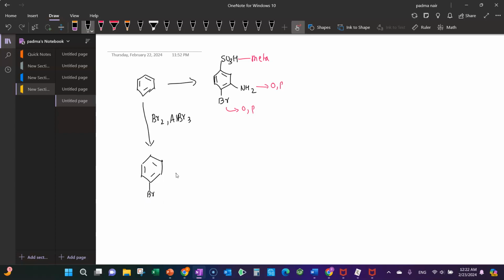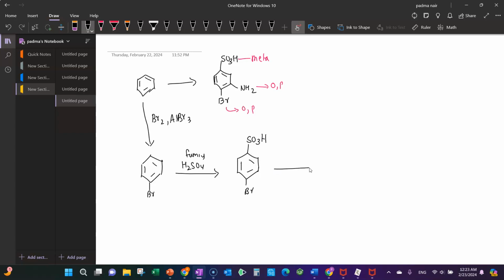All right, once that is done, I can do the sulfuric acid, fuming sulfuric acid, H2SO4, and since Br is an ortho-para director, the SO3H will be at the para position with respect to Br. There could be some product which is ortho with respect to Br. However, due to sterics, SO3H prefers to go to the para.